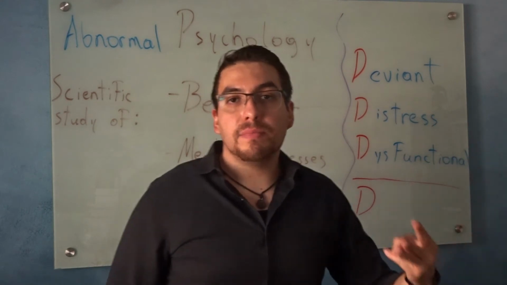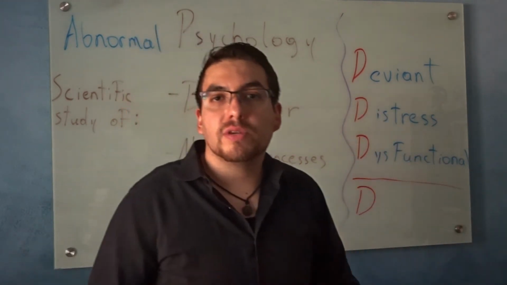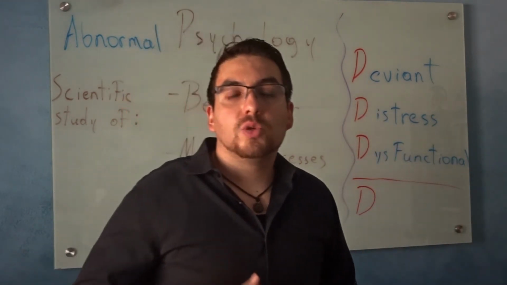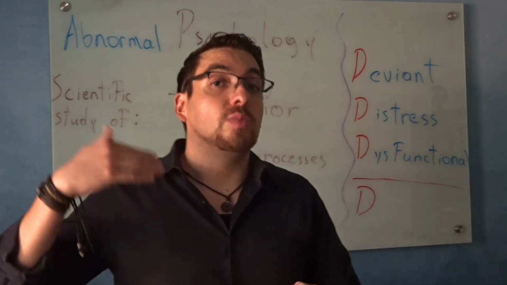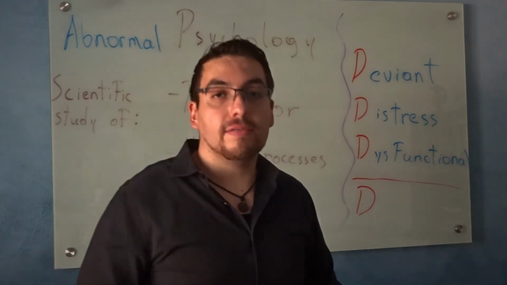If a family member passes away, it's normal to experience grief, it's normal to experience sadness. To what point would this meet the criteria to be clinical depression? Well, to the point where it starts to affect your life.